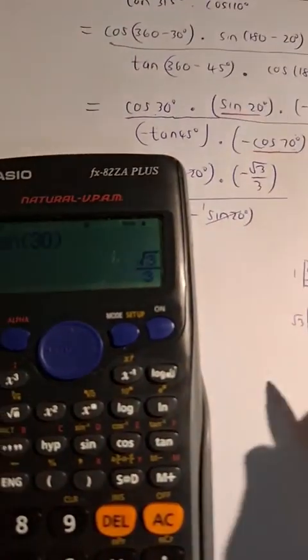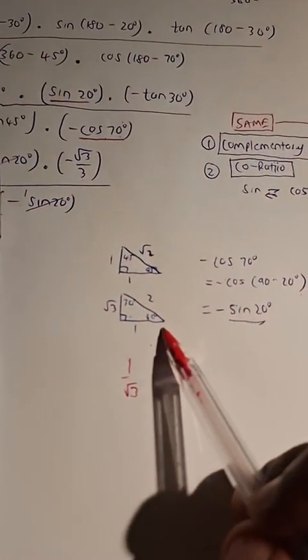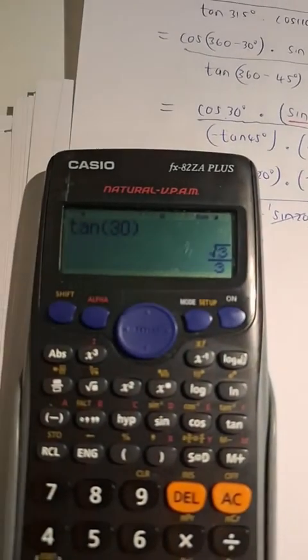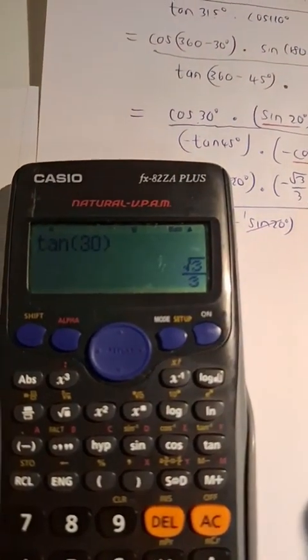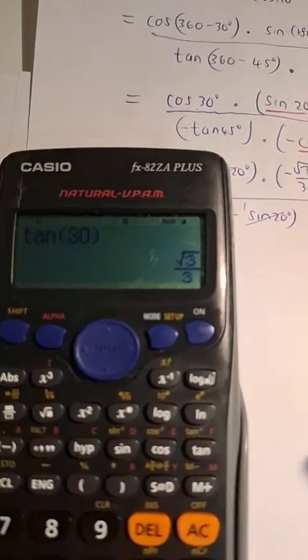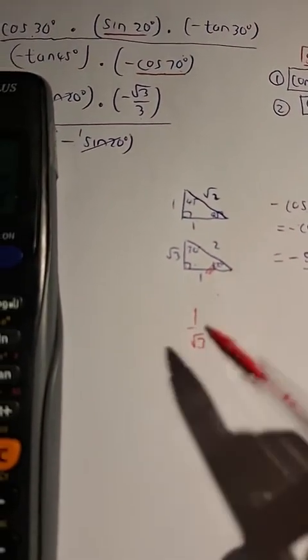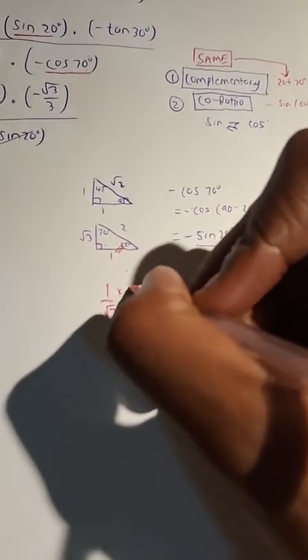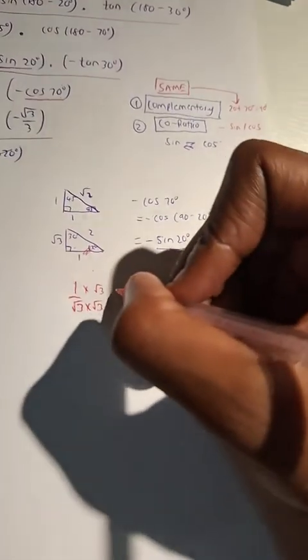Because obviously tan 30 will be equal to 1 over root 3, according to your special triangles. But you remember, guys, that you have learned about in exponents and sets rationalizing the denominator.